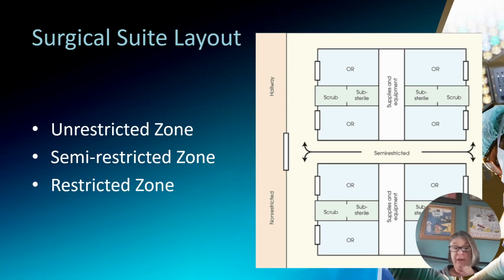This is a surgical suite layout, just a picture so you can get an idea. The unrestricted zone, that's just street clothes, okay? Normal old street clothes. Semi-restricted requires surgical scrubs, head coverings, mask, no jewelry, fake nails, eyelashes, that sort of thing.